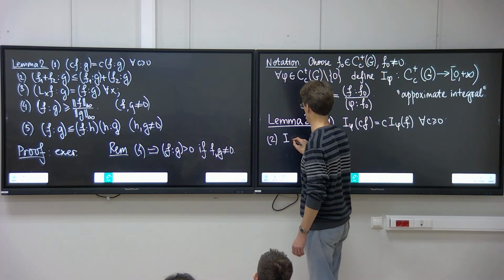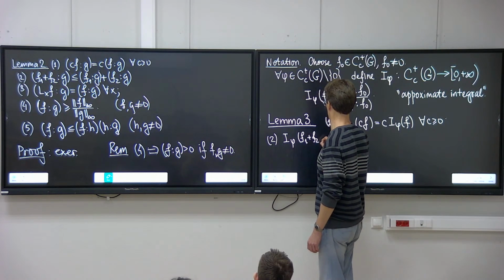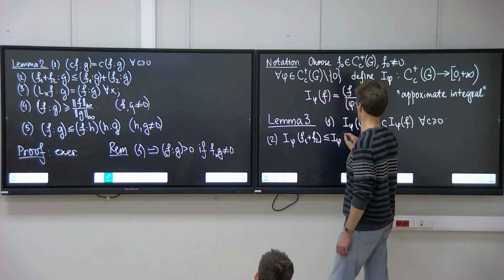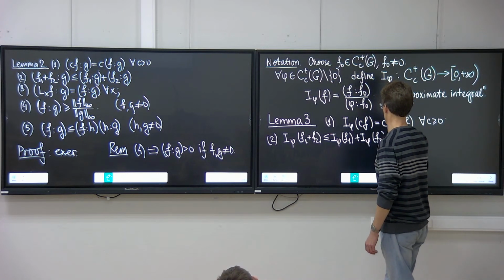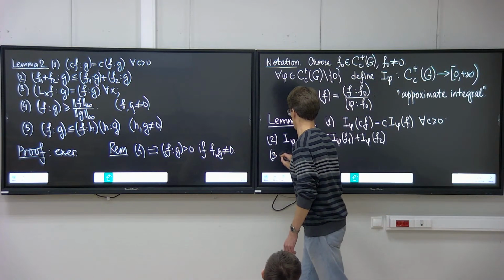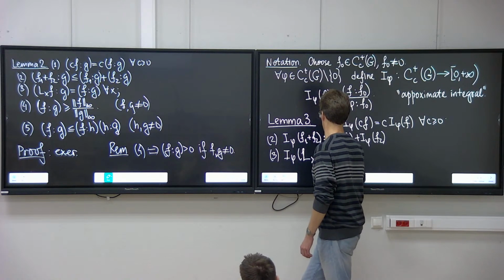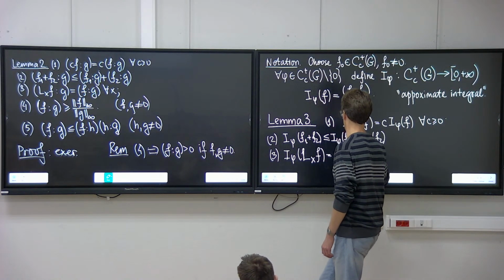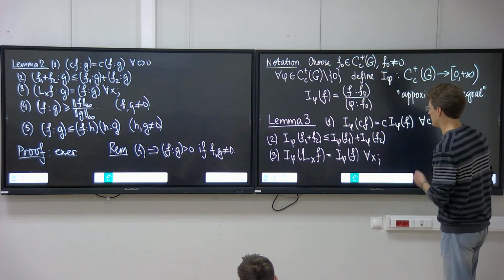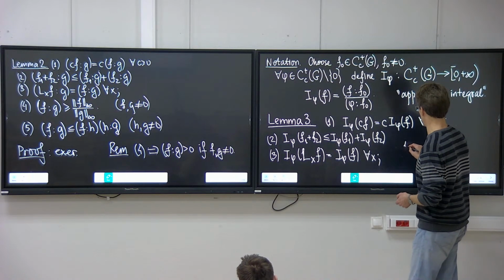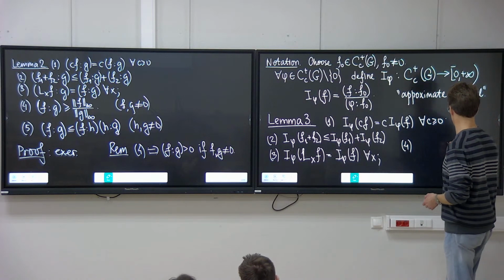This is immediate from the subadditivity of the relative integral. Third, it is left invariant. And finally, property 4 is the following double inequality.